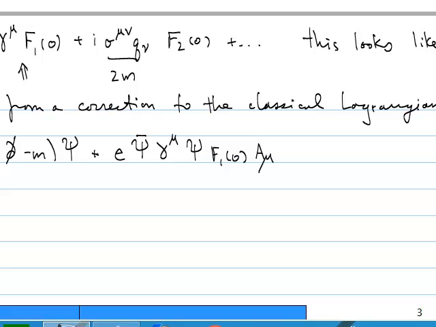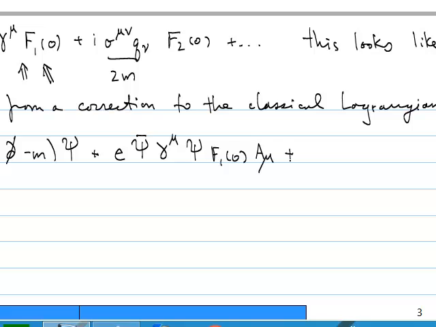And if you went through, as we did last semester, the Feynman rules coming from this interaction vertex, it would give you just this term right here. So that's the usual argument. I've just changed the constant that appears here from e to f1 of 0 times e. So you can really see that f1 of 0 is just a constant that looks like some correction to the effective electron charge. And what does that second term come from?